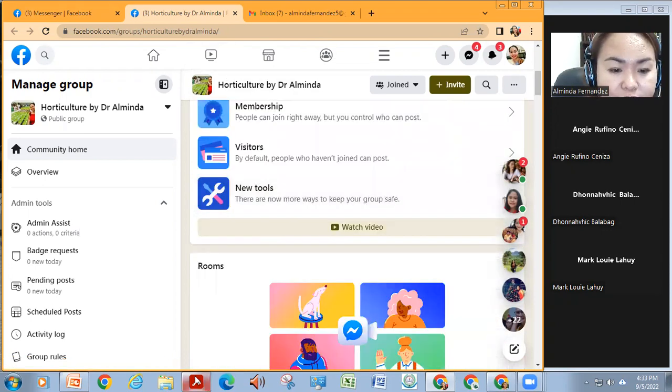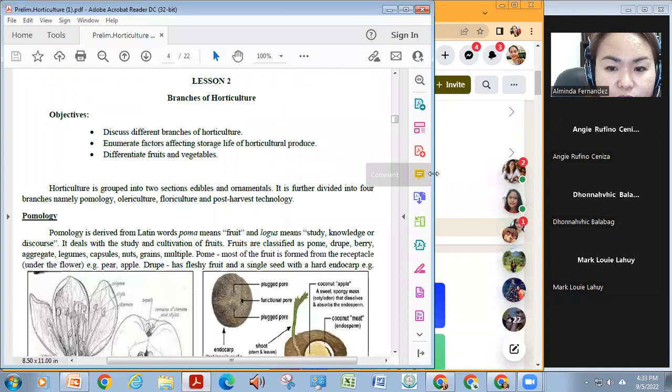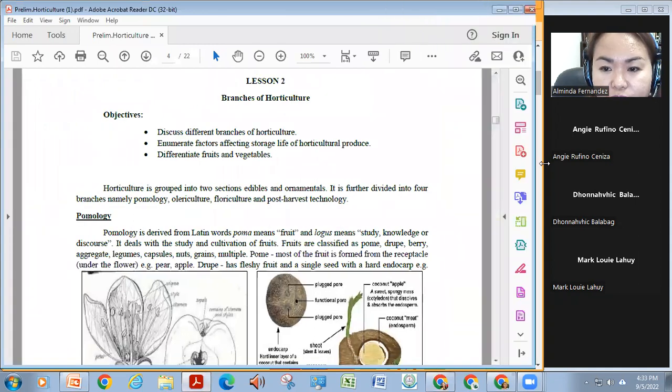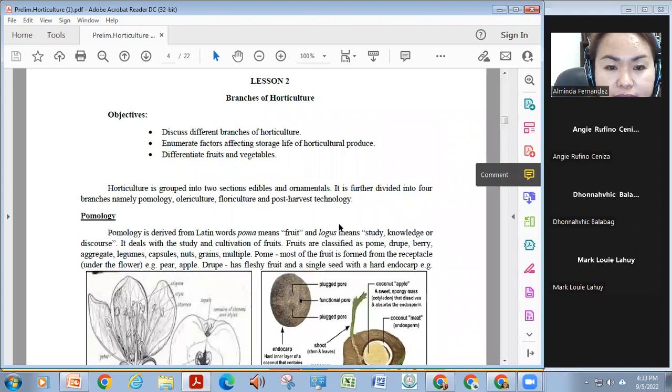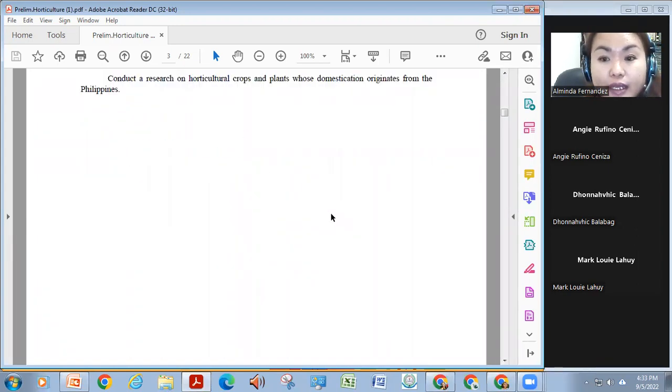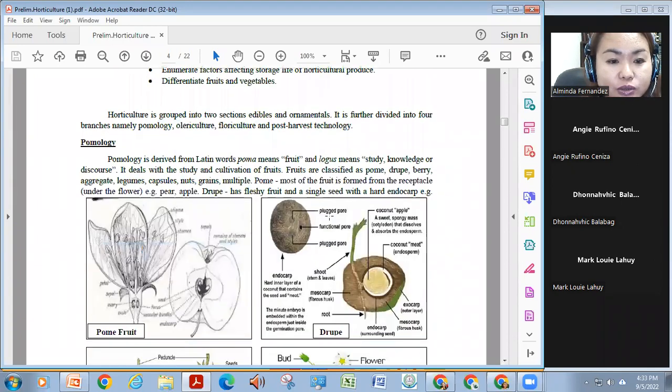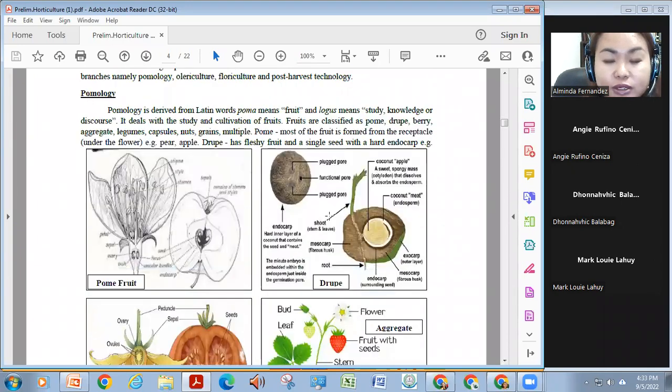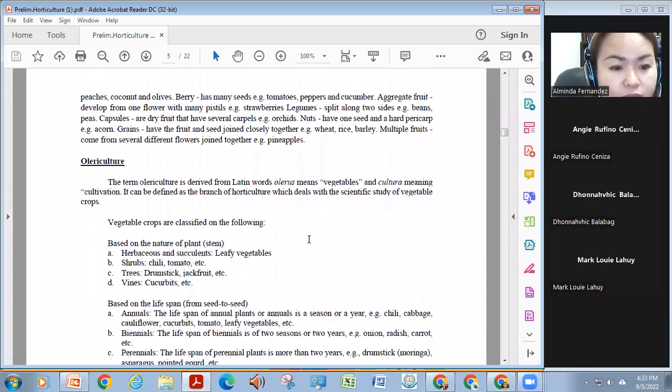Okay, so for this afternoon, we're going to continue with our lesson on lesson 2. Last time we had lesson 1 and this was our activity. And sa ating lesson 2, we're gonna have classification or branches of horticulture.